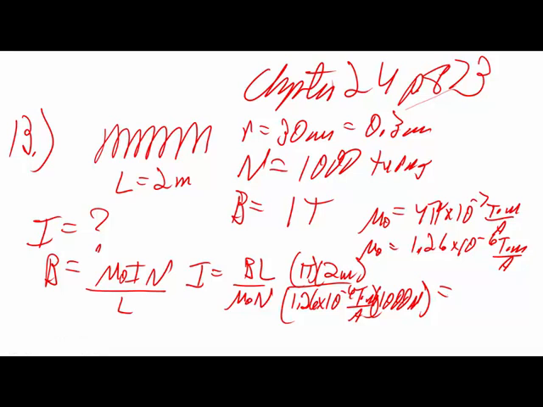So let's take our calculator: 1 times 2 meters, which is 2, divided by 1.26 to the negative 6th times 1,000, close the parentheses. And what do we get?